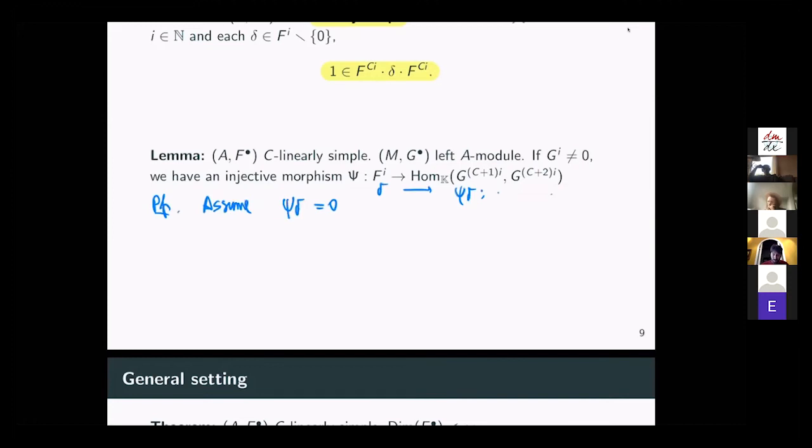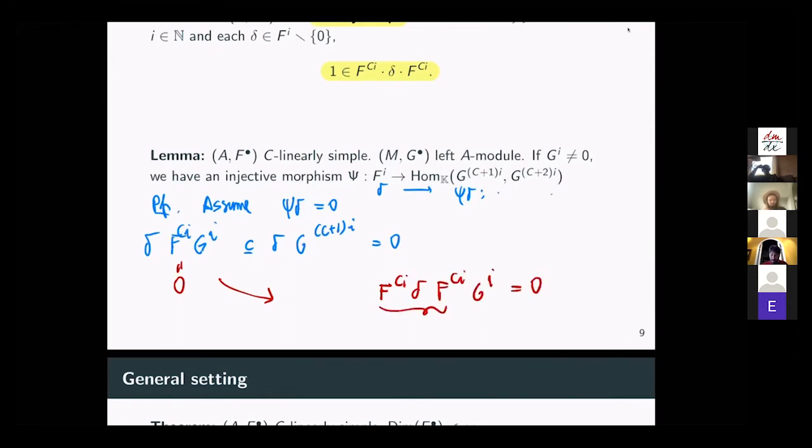And okay, so this means that when we apply delta to this G, whatever, this is going to be 0, but we have that inside we have Fi, Fci, Gi. So this is going to be 0. So it means that when we apply Ci delta Fci Gi, this is going to be 0, but we have 1 in here. So it means that this has to be 0. So we get a contradiction with the assumption.